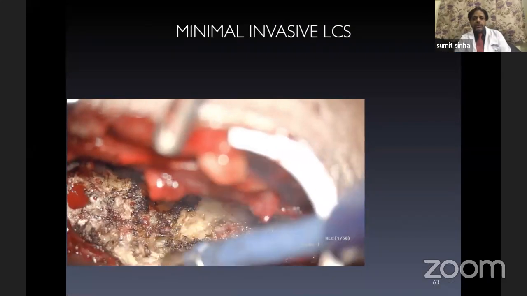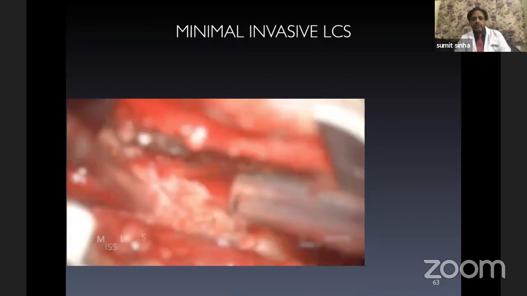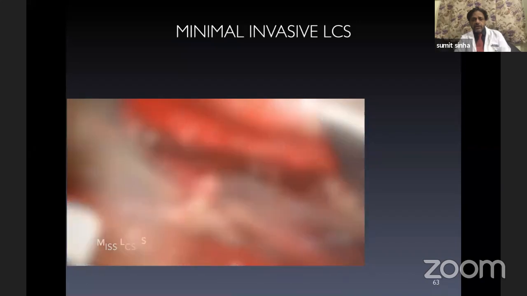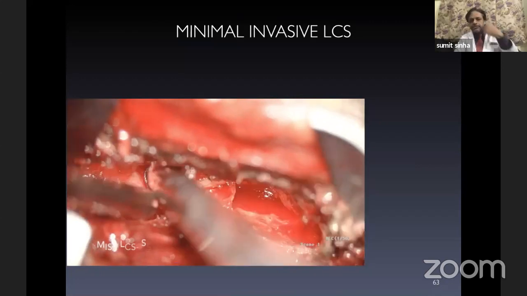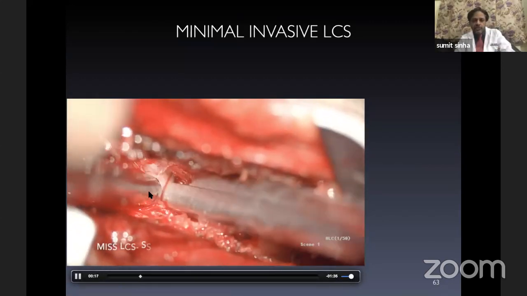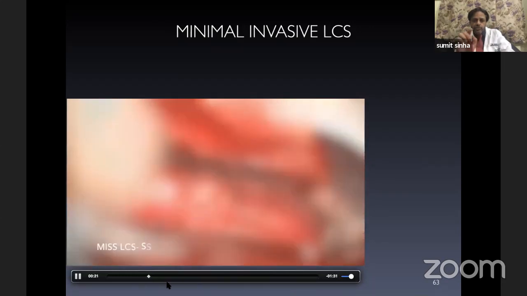So this was a 2-level decompression done by a single port. This was the master tubular retractor system in place, and you see this is a laminectomy procedure which is going on, and the entire decompression from root to root is being done at 2 levels through 1 single port.